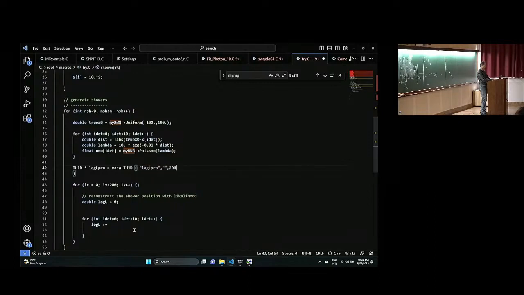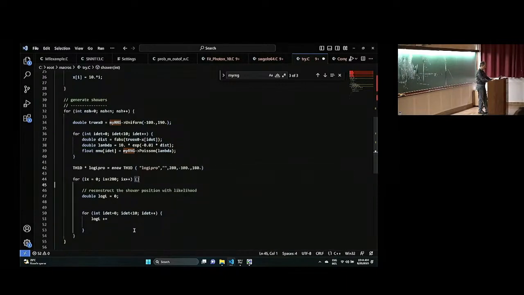And I do 200 bins from minus 100 to 180, we said. So let's do actually 280 bins. And here I want to fill this histogram with the likelihood that we get.